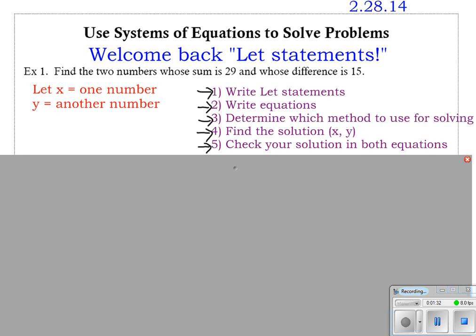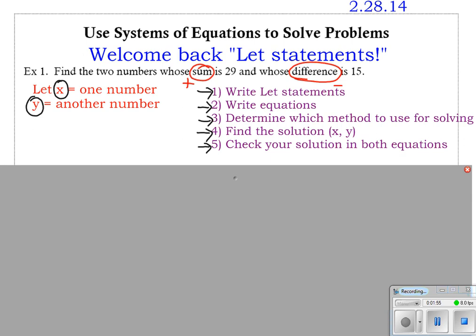So let's look at the first part of the sentence. Find the two numbers whose sum is 29. I've labeled my two numbers x and y. Okay, and I also know that sum means to add. Difference means to subtract. So I want you to think about that for a little bit. Two numbers, x and y, whose sum is 29.